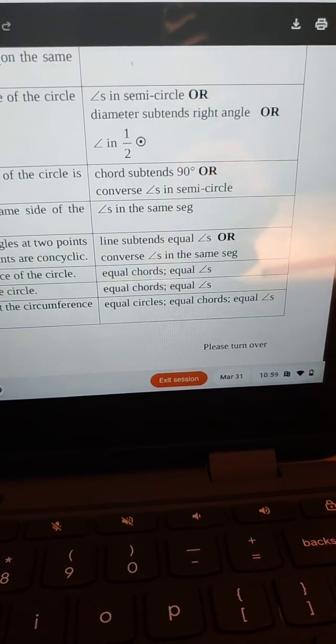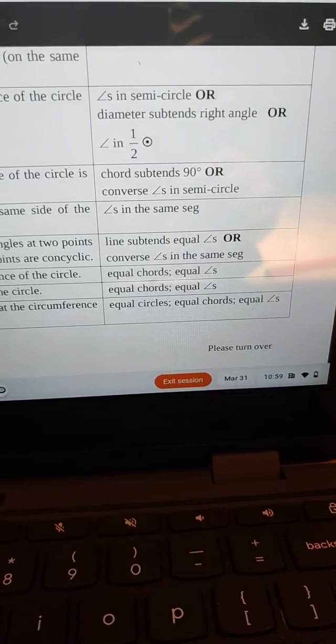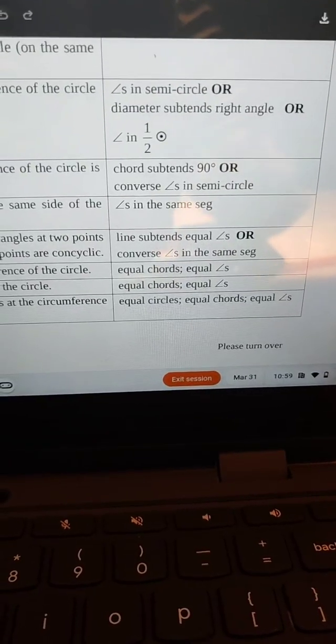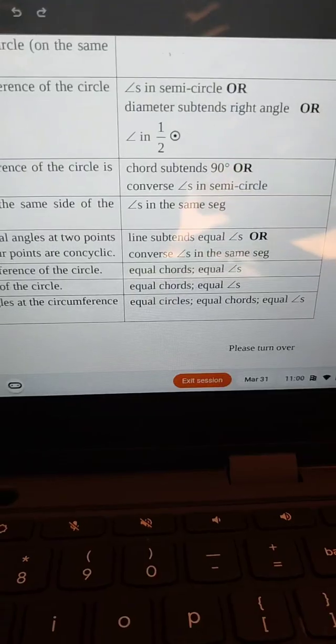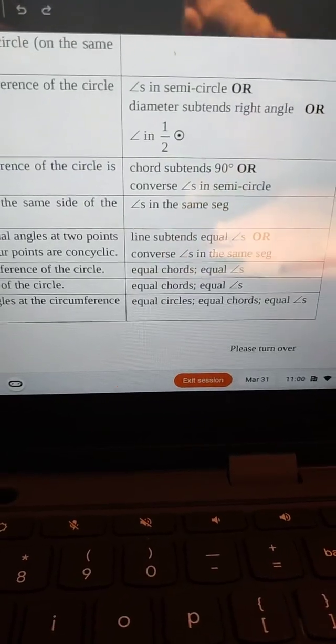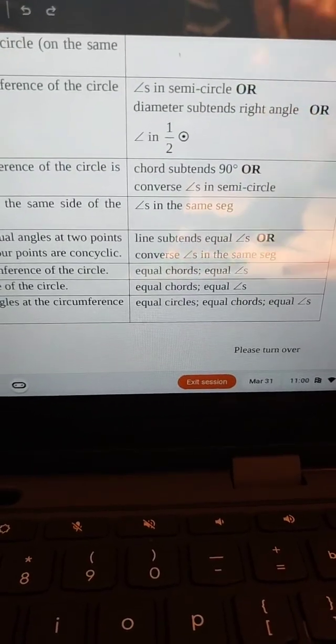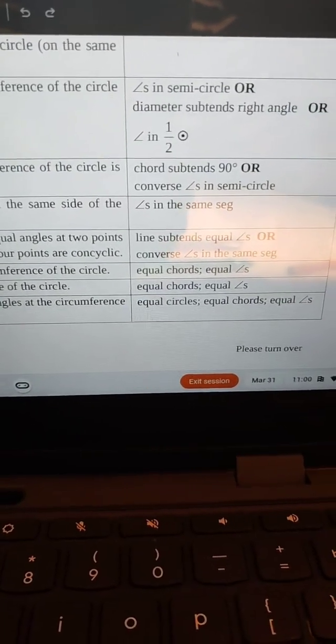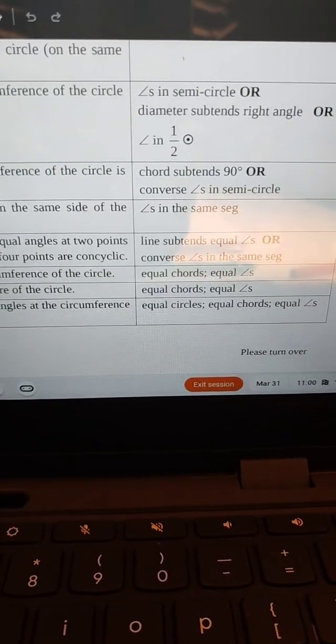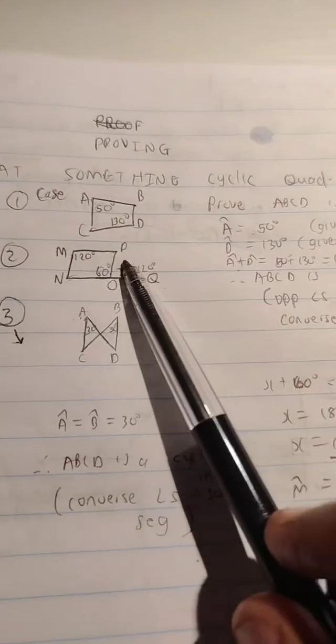All right, I think for all three cases, we can either say converse opposite angles of a cyclic quad, that works nicely, or we can say converse exterior angle of cyclic quad, or we can say converse angles in the same seg. So it is this converse idea that can make life easy for all three cases.